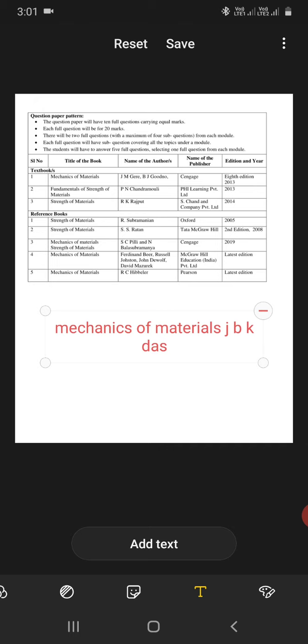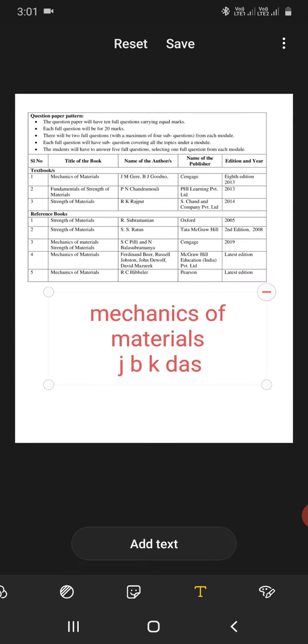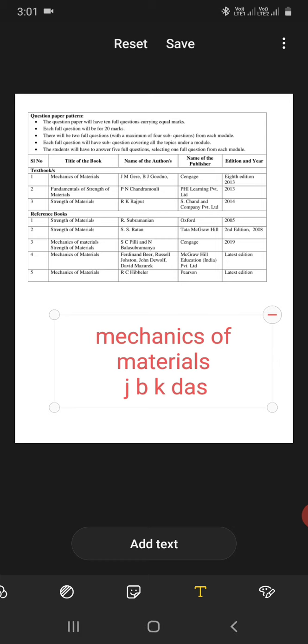So we'll just refer to this textbook, Mechanics of Materials by J.B. Das. So refer this book.